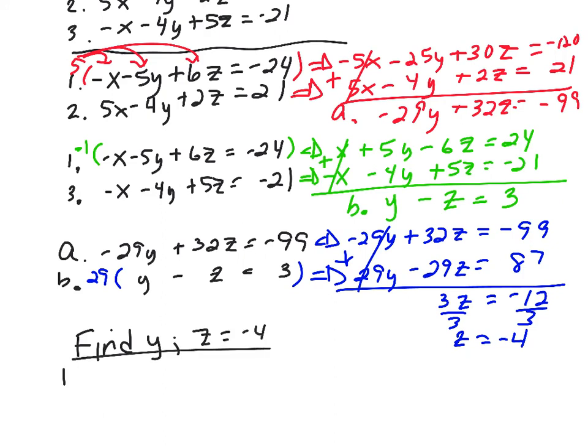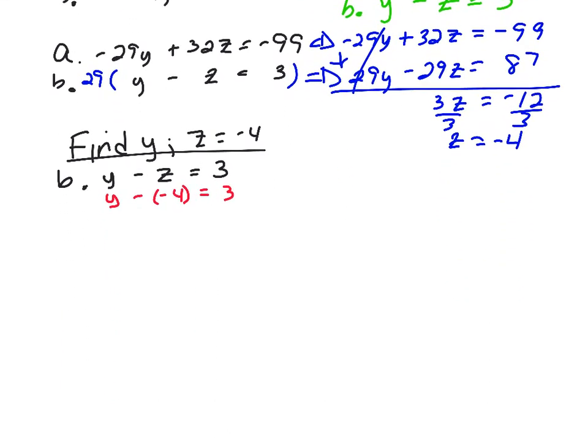So rewrite equation B. You could use A or B. I have here y minus z, which is negative 4, equals 3. So I have y plus 4 equals 3, minus 4 from both sides, y equals negative 1.